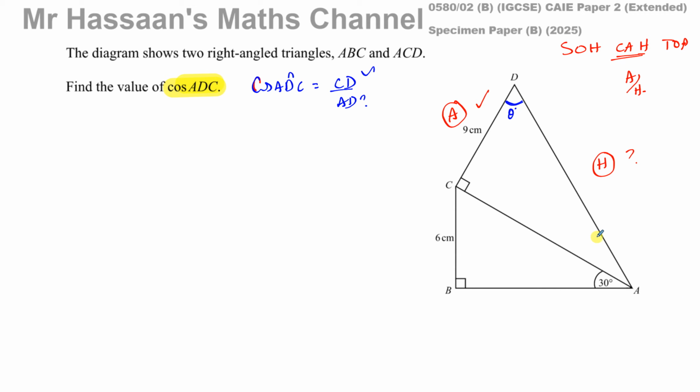All right, so we can find AC in this triangle by using the fact that we have this angle here, and we have the opposite side. Maybe I should put it in a different color to make it clear that this is a different triangle.